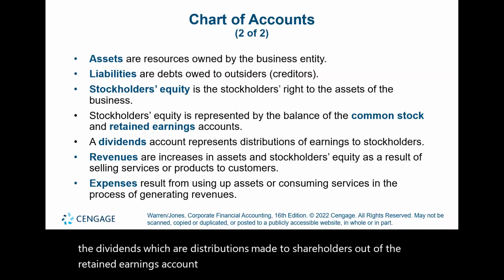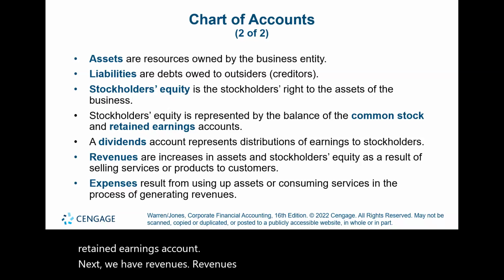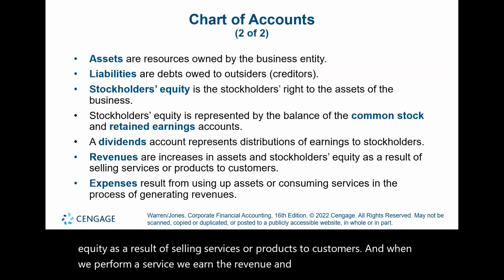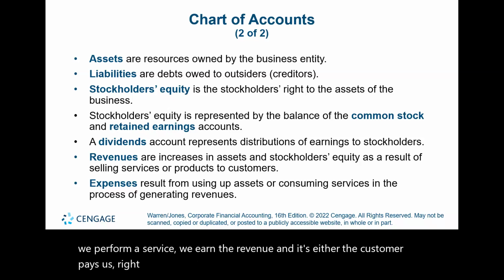Next, we have revenues. Revenues are increases in assets and stockholders' equity as a result of selling services or products to customers. When we perform a service, we earn the revenue, and either the customer pays us right away, which has an impact on our cash, or they pay us later, which has an impact on our accounts receivable.